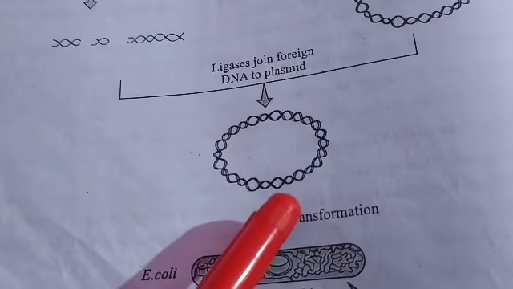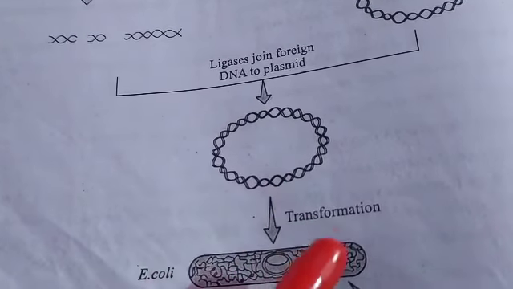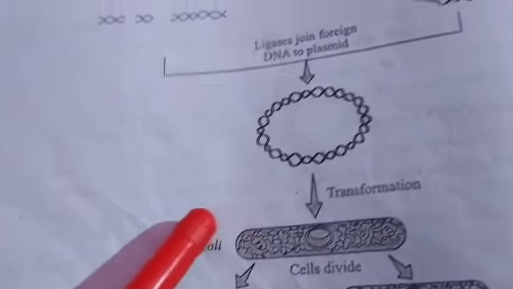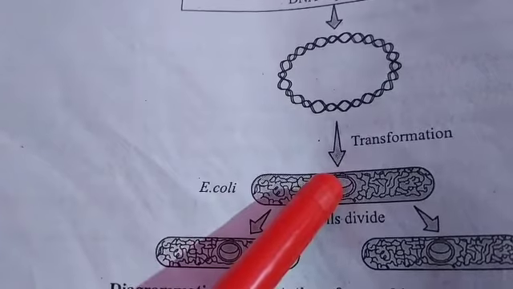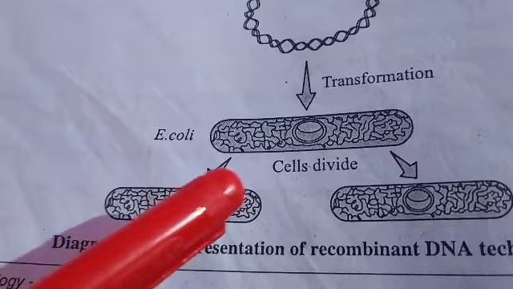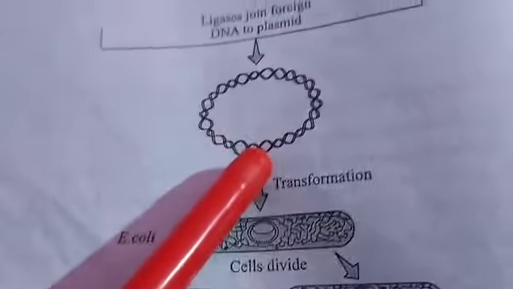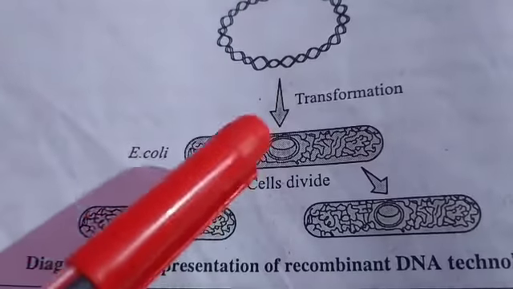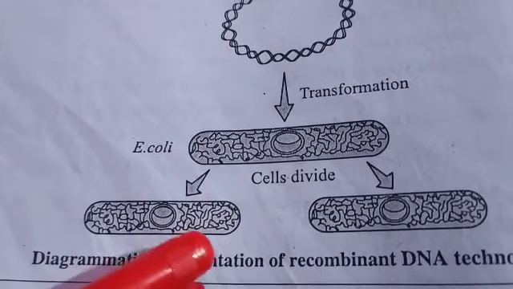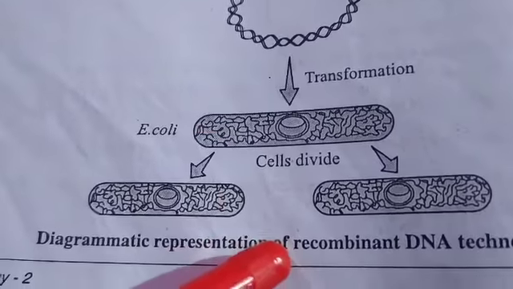The next step is transformation, where this plasmid is transferred to an E. coli cell, a bacterial cell. The cell divides rapidly, and our product, our plasmid, also multiplies rapidly by the cell division process.